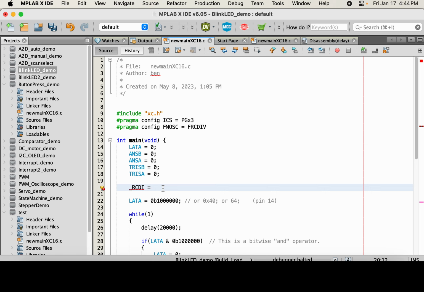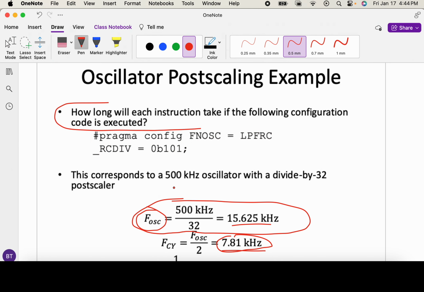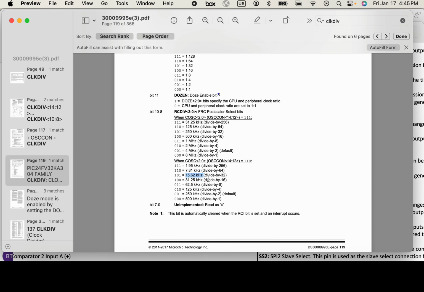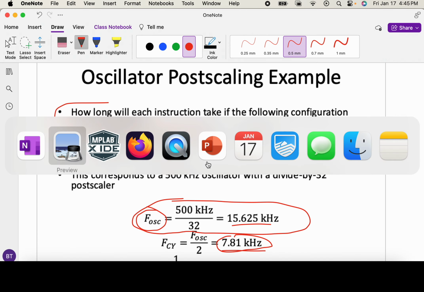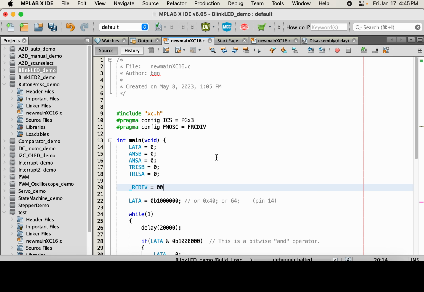So RC div, go to the data sheet, let's say a divide by 1, 0, 0, 0. Come back here, 0, 0, 0, so that's a divide by 1 postscaler.